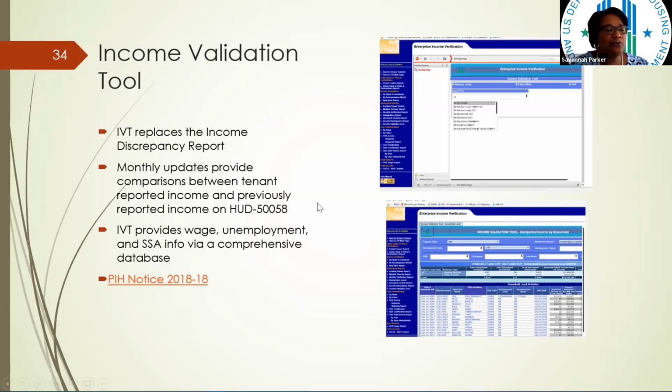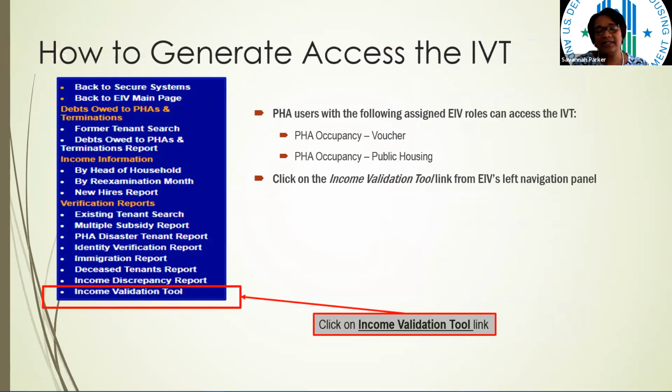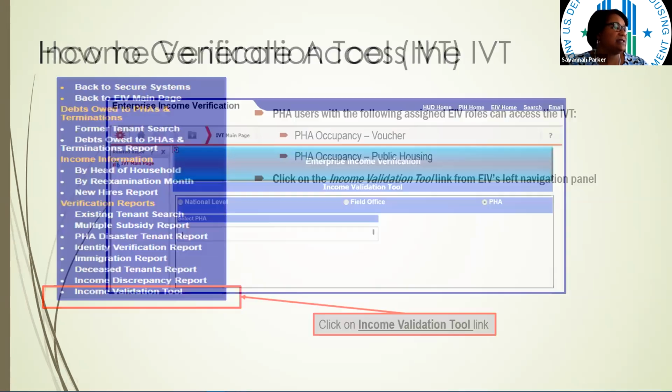It shows you, based on the 50058 that's been uploaded to PIC for a household during their last reexamination, whether or not there are any discrepancies with the income that was reported on that 50058. And right here is where it's showing you how to access the tool, just the links to get to it.